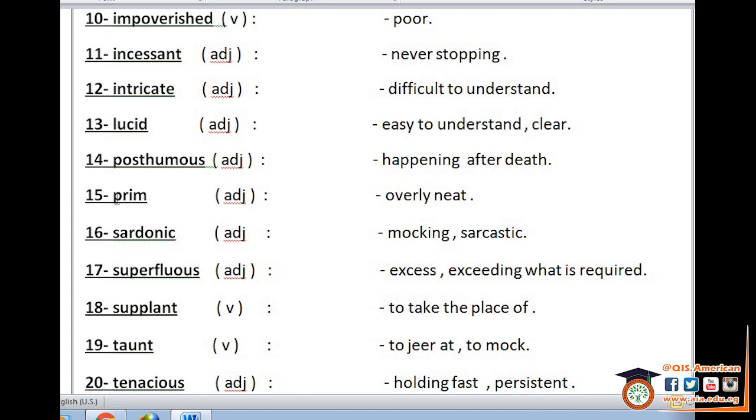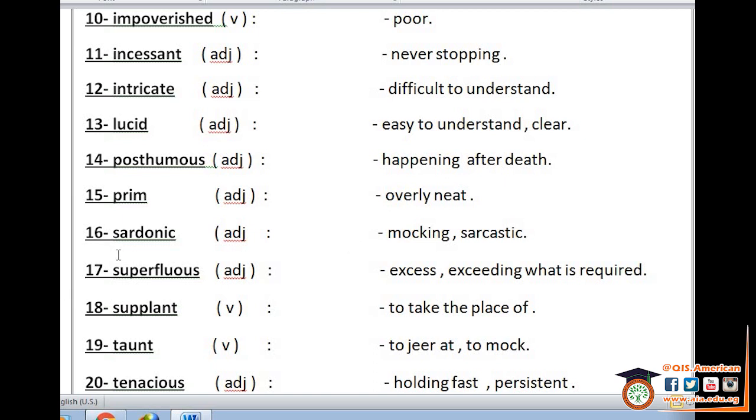Number 15, prim. This is very neat. Something is very neat and carefully done, or very clean. This is prim. Number 16, sardonic. Mocking or sarcastic. Sardonic smile, sardonic behavior, sardonic words.